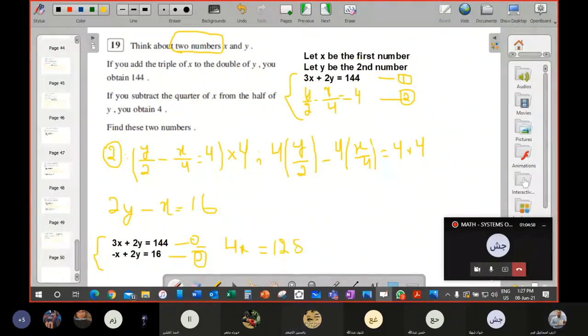Okay, then we divide both sides by 4. We get x equal 128 over 4, which is 32. x is equal to 32.